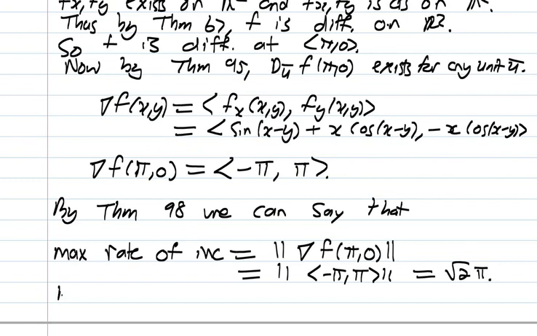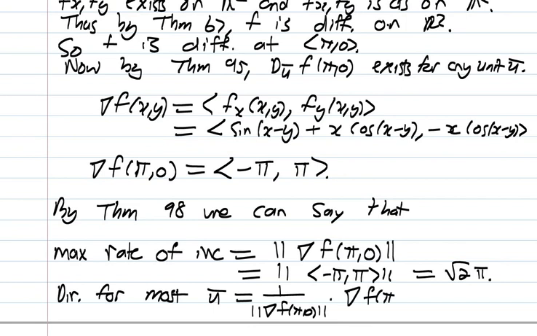And then the direction for most increase will be u, and that'll be 1 over the norm of grad f, times grad f at the point (pi, 0). So you can see I take grad f and I divide it by root 2 pi, and if you do that calculation, you get (minus 1 over root 2, 1 over root 2).